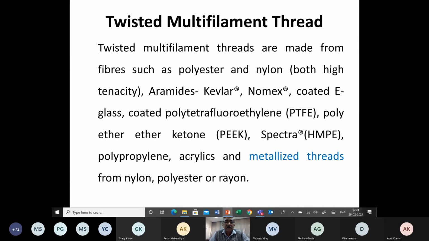And polypropylene threads are available, acrylics, and metallized threads from nylon, polyester, rayon. In some cases like jari threads, generally not used for industrial applications. So the base material is nylon, polyester, rayon, and it is dipped over in a roller where the metal is deposited. In some cases, vaporized metal is deposited on the nylon, polyester, rayon thread.